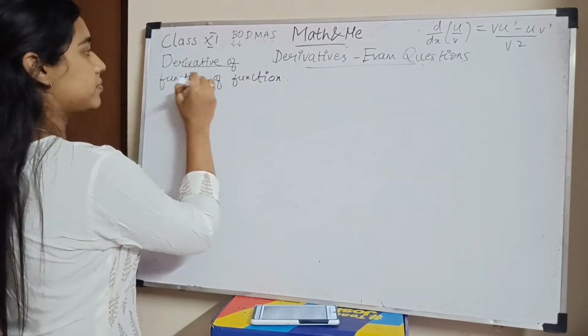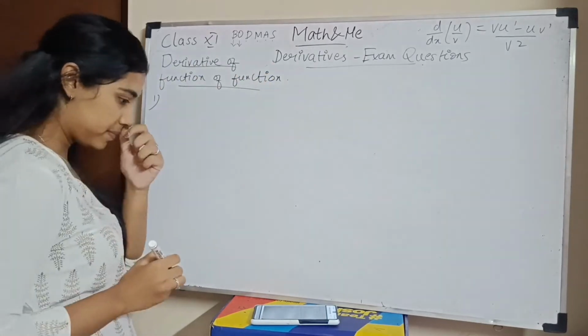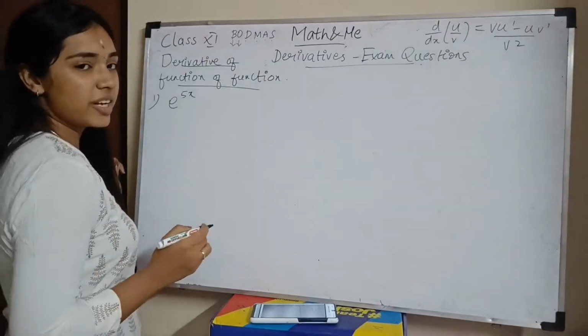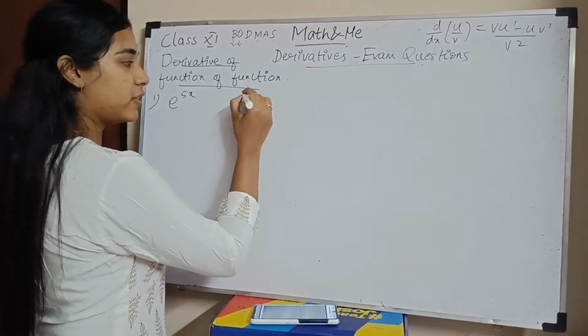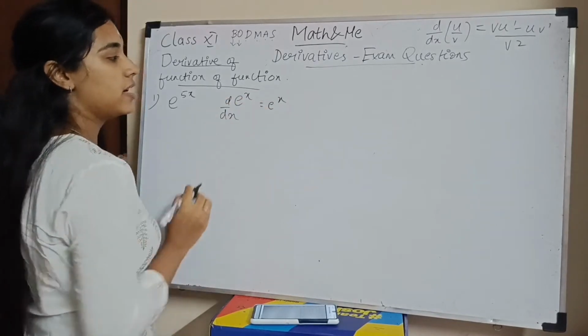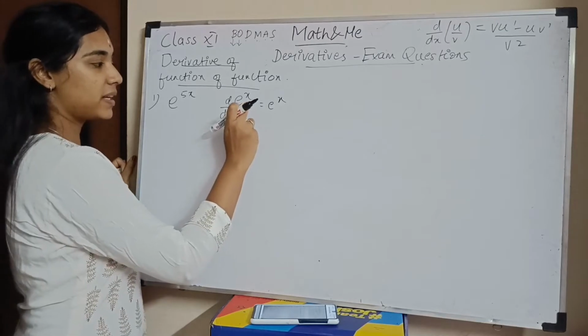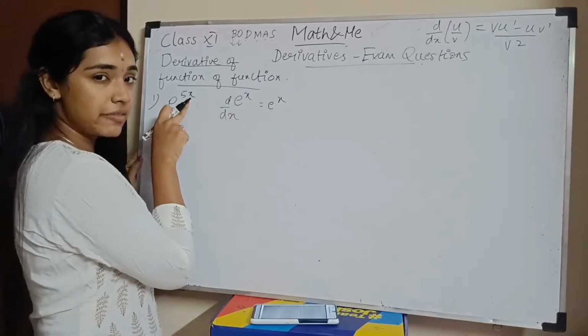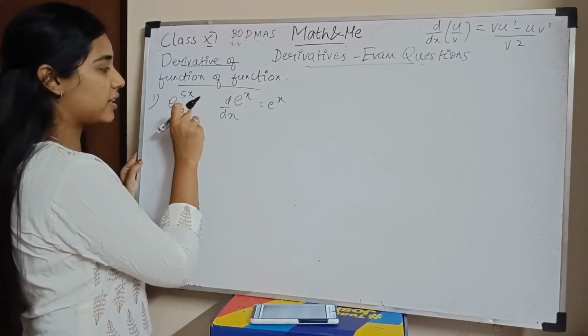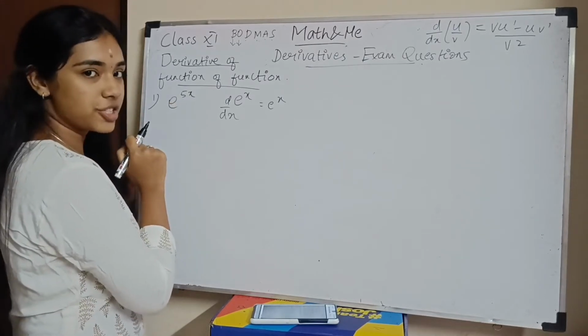Okay. Question number 1. I have e to the 5x. So what is your derivative of e to the x? Derivative of e to the x is e to the x itself. But here x ku badil, what do you have? You have 5x, which means this is not just x. So you have to further take the derivative of this particular function, right?